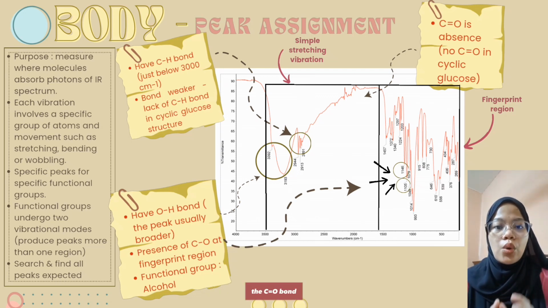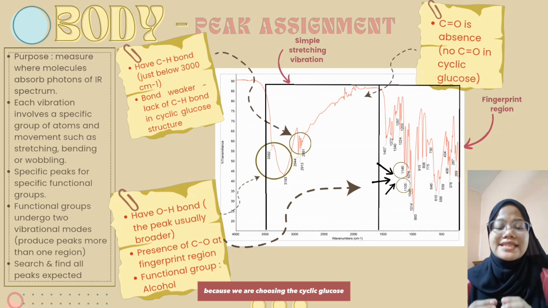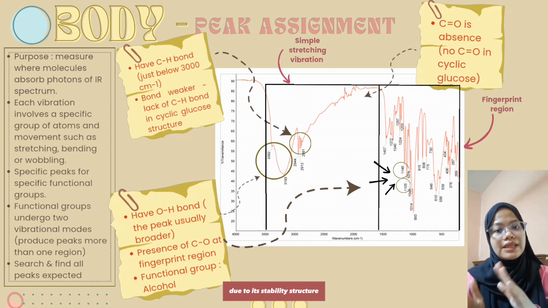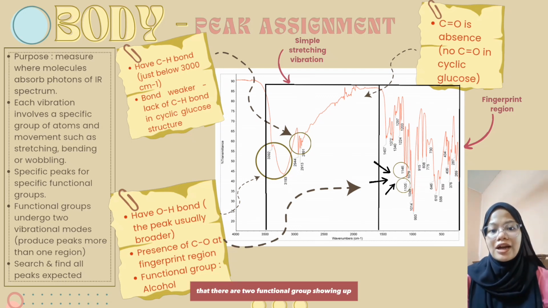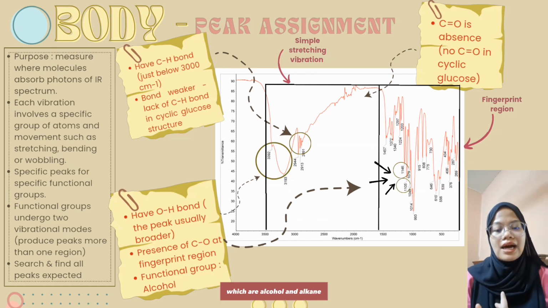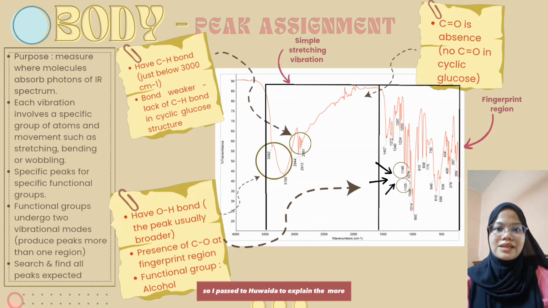The C=O is absent in this figure because we chose the cyclic glucose due to its stability, and there is no C=O bond in this cyclic structure. Therefore, we can conclude that there are two functional groups showing up, which are alcohol and alkane, in this cyclic glucose structure. So I pass to Huwaida to explain more about the interpretation of the IR spectrum.